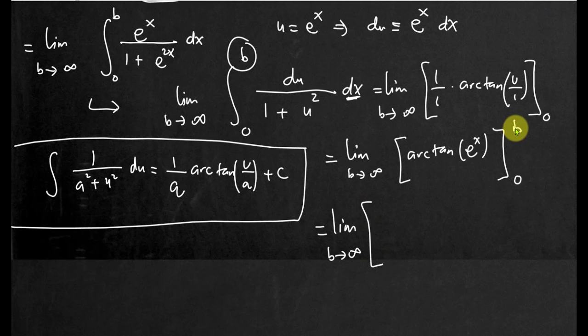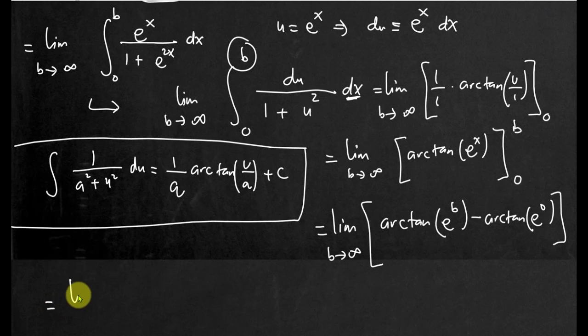And now I plug in b: arctangent e to the b minus, this is still the interval, arctangent e to the 0. And then limit b approaching infinity, and e to the 0 is 1, right?